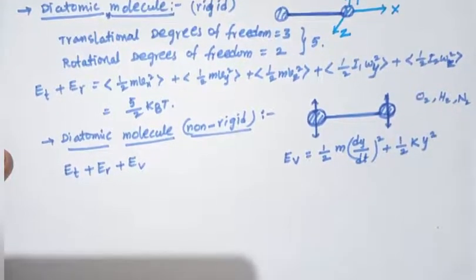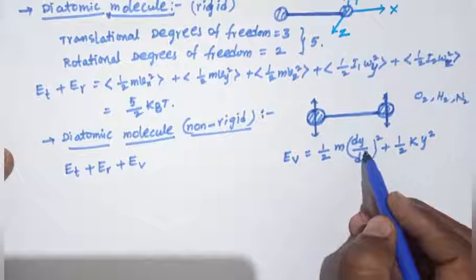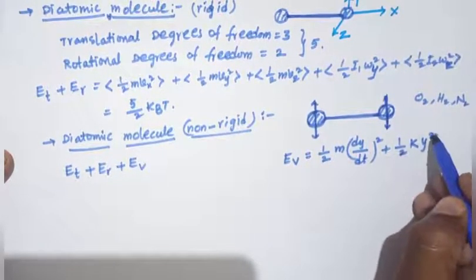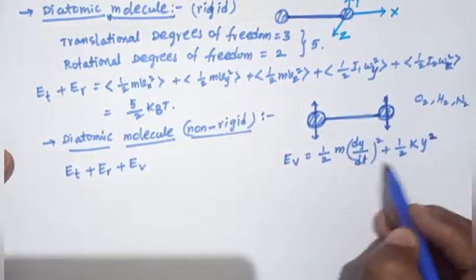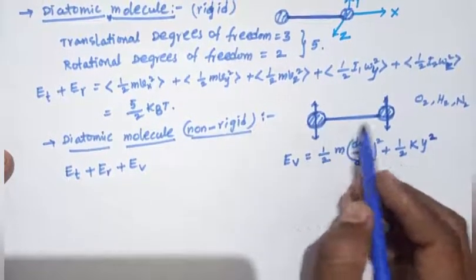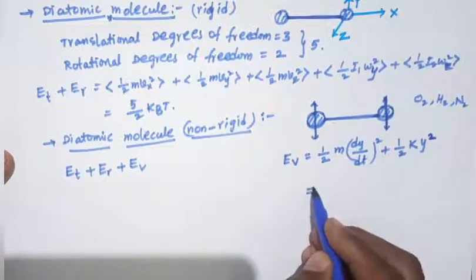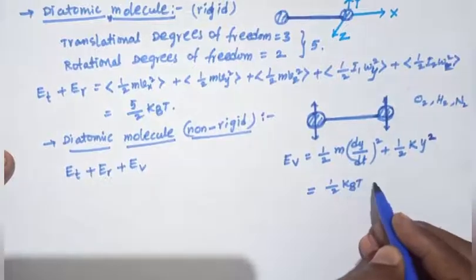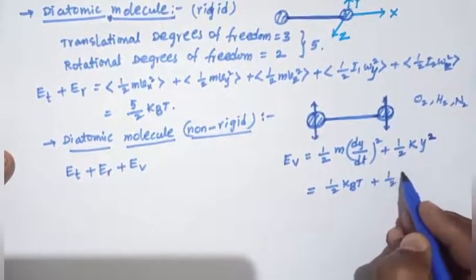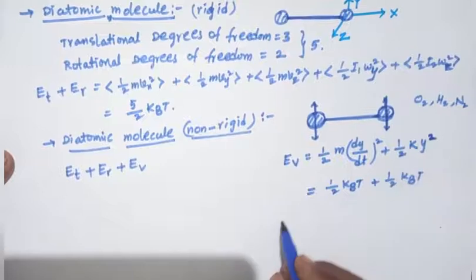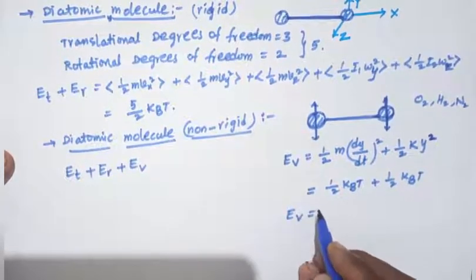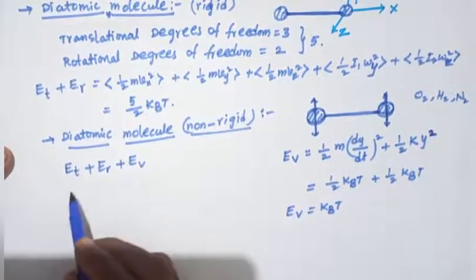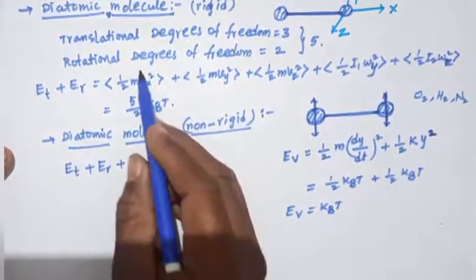This term is also quadratic. For any quadratic term, the energy is half kBT, so the vibrational energy is kBT.